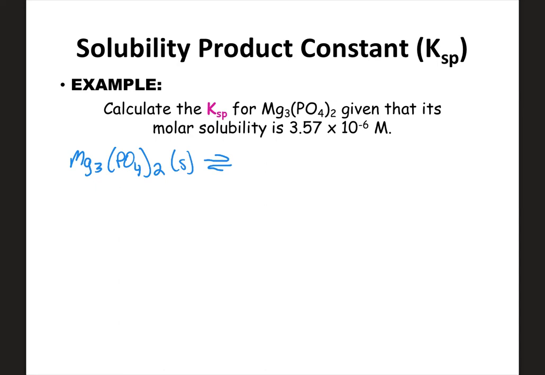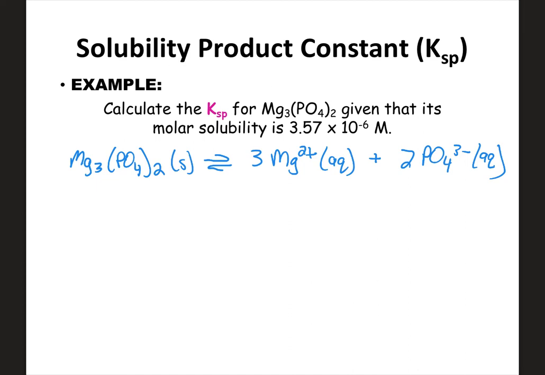It's going to form 3 Mg2+, aqueous, because remember, it's dissolving here, plus the other ion is PO4 3-, but there are 2 PO4 3- when this dissociates, and this is dissolved as well. So we wrote our dissolving equation, essentially our solid in equilibrium with the ions. You have to pay attention to the amounts.